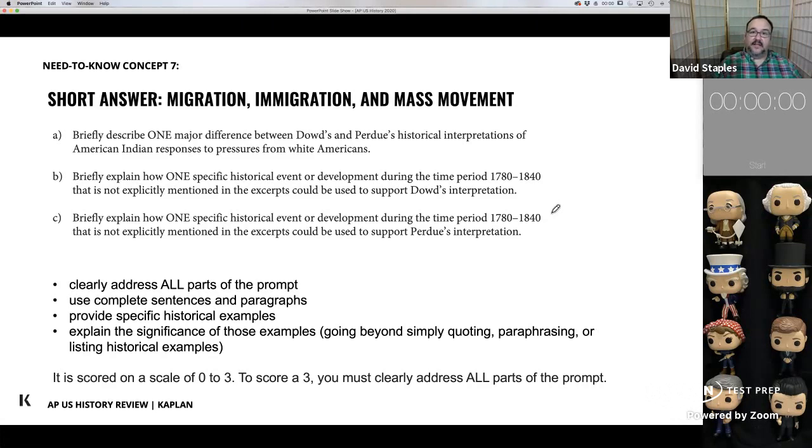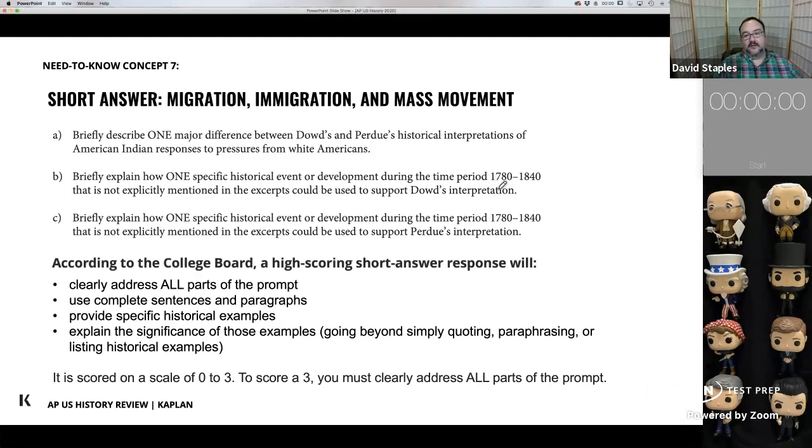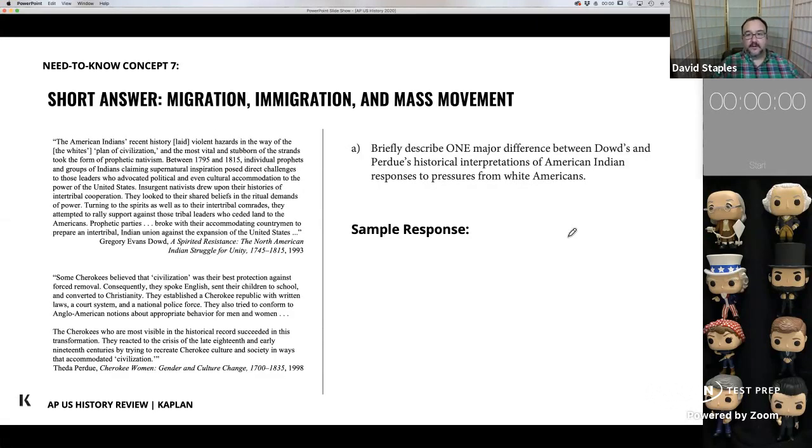Asking for the difference in how these people were presenting their positions is a valid question, and asking for one event that shows that is also valid. No matter what, you have to answer what they ask and use their guidelines, including dates. These say 1780 to 1840. You can't pick stuff from outside that window, even if you have something that works. Make sure you follow all of the instructions in order to get a point.